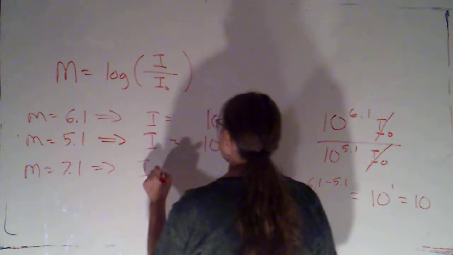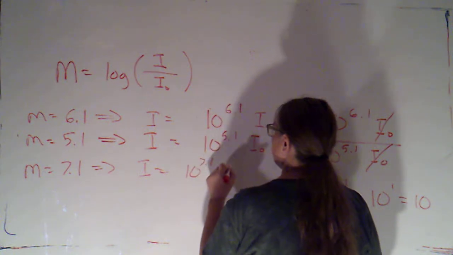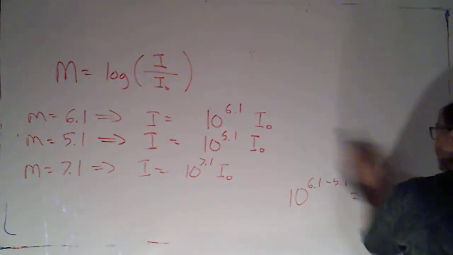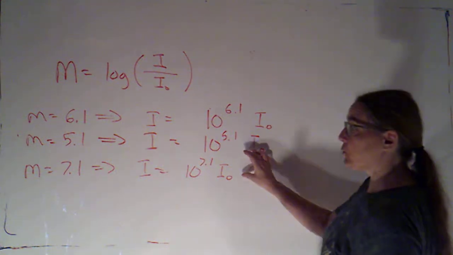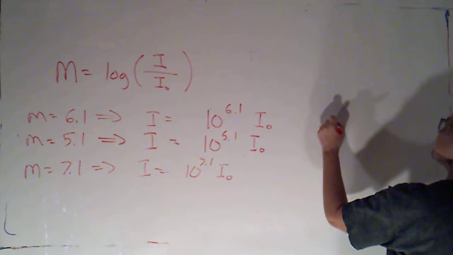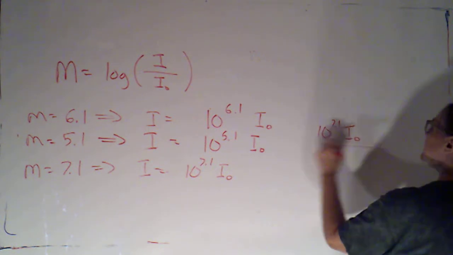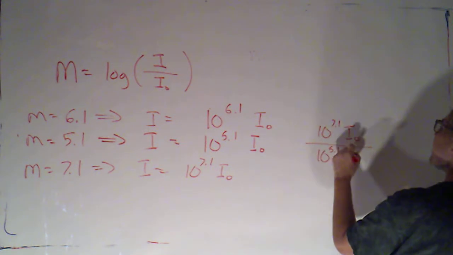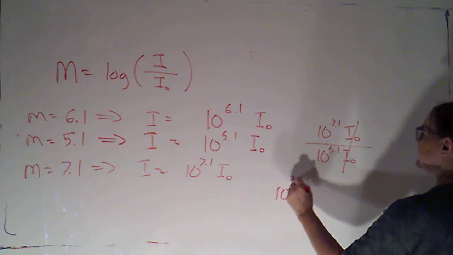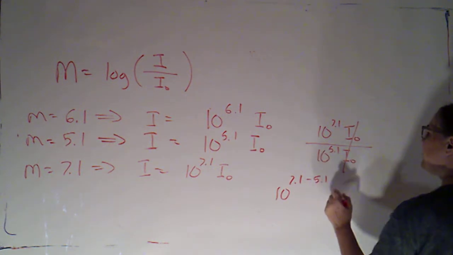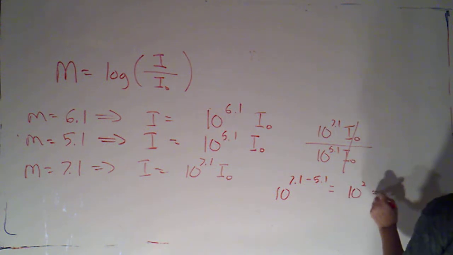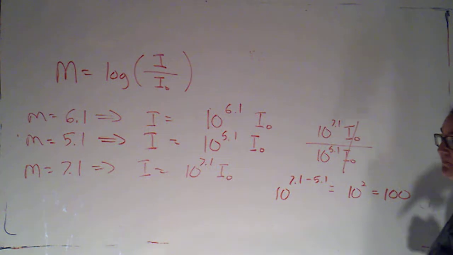That would mean the intensity was 10 to the 7.1 times I naught. Now if I compare that to my original earthquake, 10 to the 7.1 I naught over 10 to the 5.1 I naught, those cancel. I'm going to get 10 to the 7.1 minus 5.1, which is 10 squared, 100.